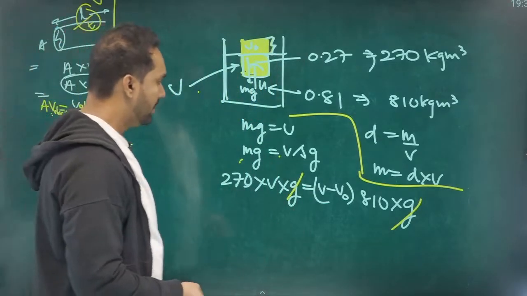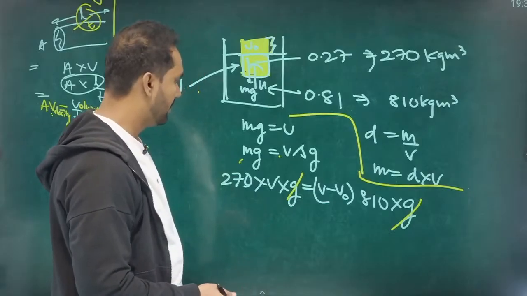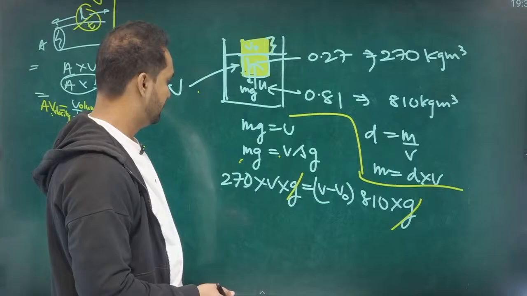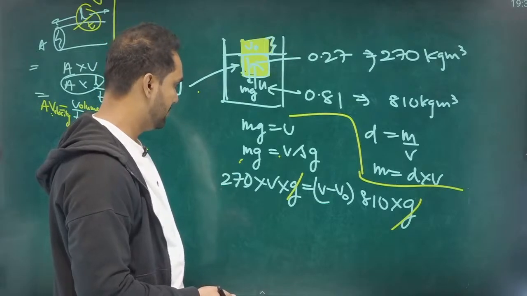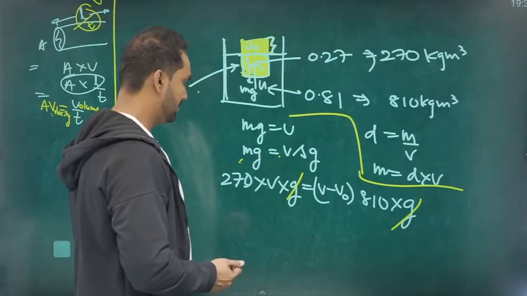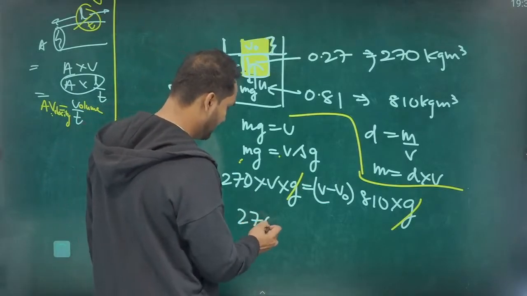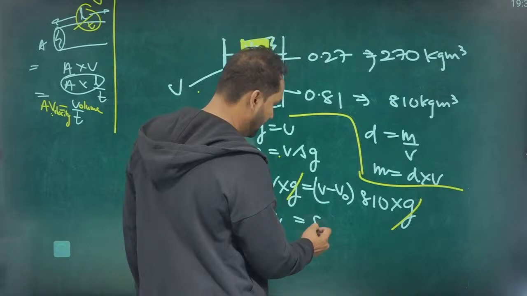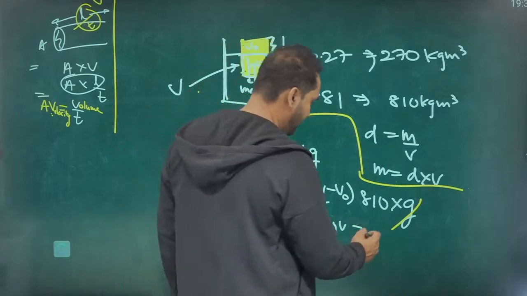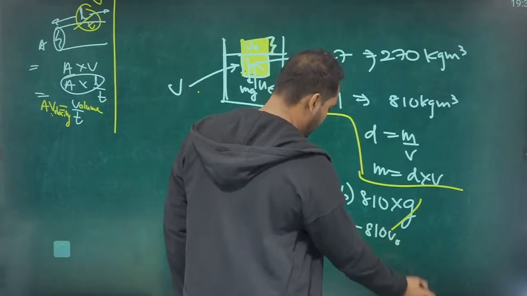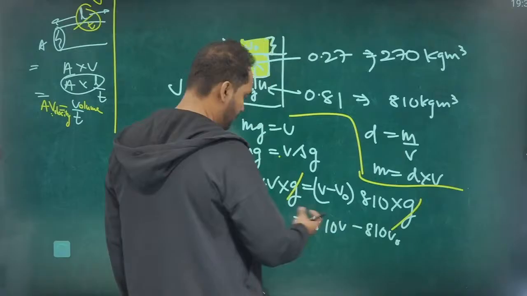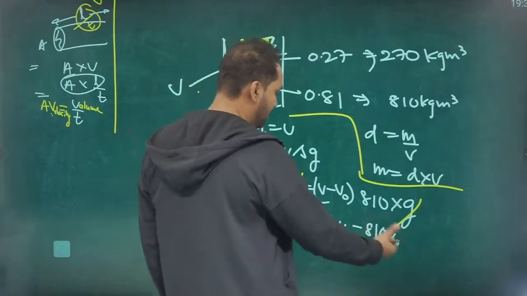Now you only have to find the V naught over V ratio. Let's simplify this. 270V equals 810V minus 810V naught. Take the 810V naught to this side, and 270V to the other side.